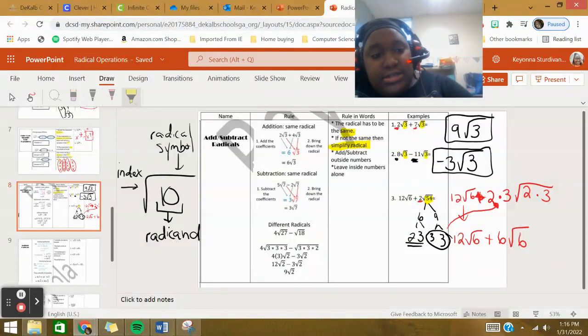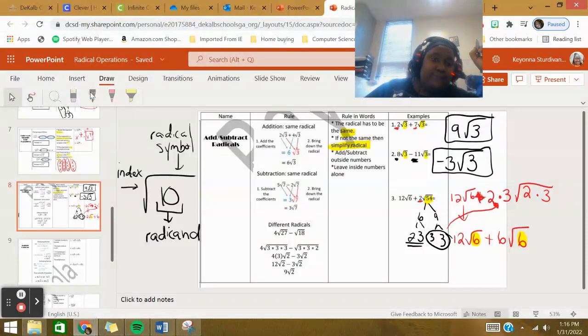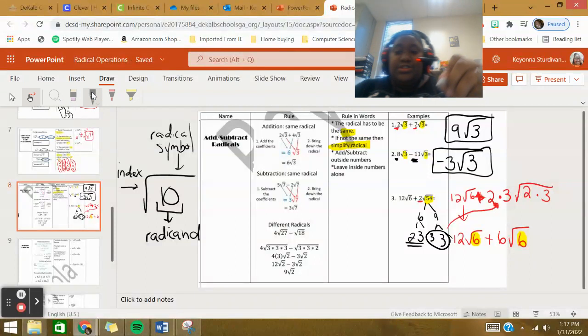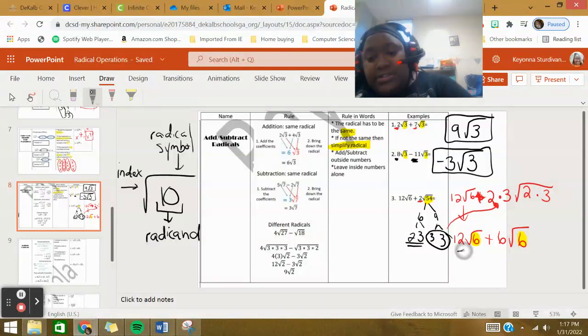All right, let's look at it again. Our radicands are now the same. We have the square root of 6 and the square root of 6, which means that now we should be able to combine the coefficients in front, which is 12 and 6.